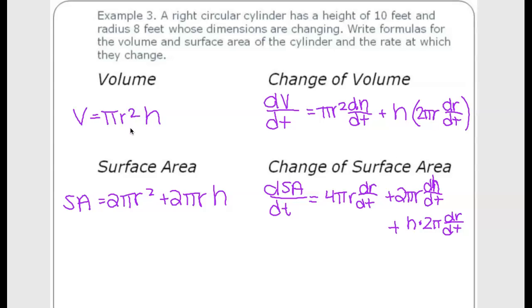We now have r and h being multiplied together. So that's two different variables. Two different variables creates a product rule, and it's going to force us into a situation where we have to substitute to get rid of maybe one of the rates.